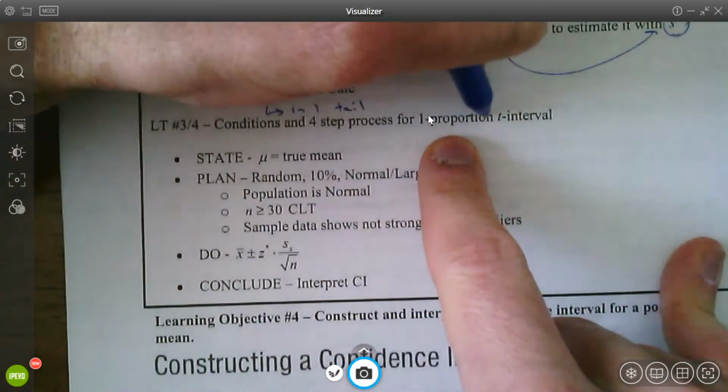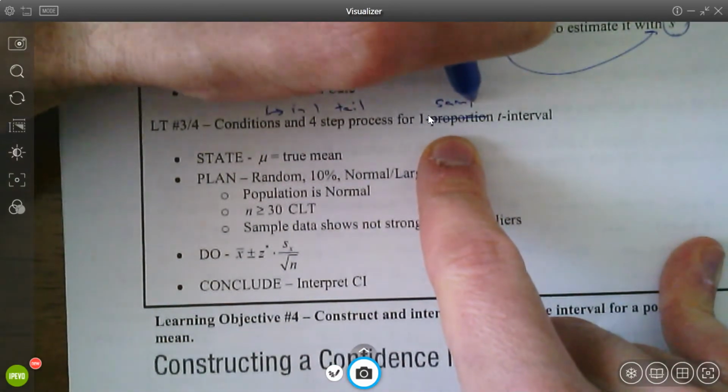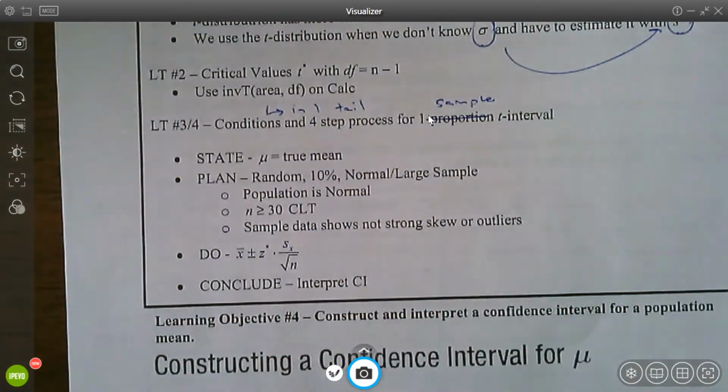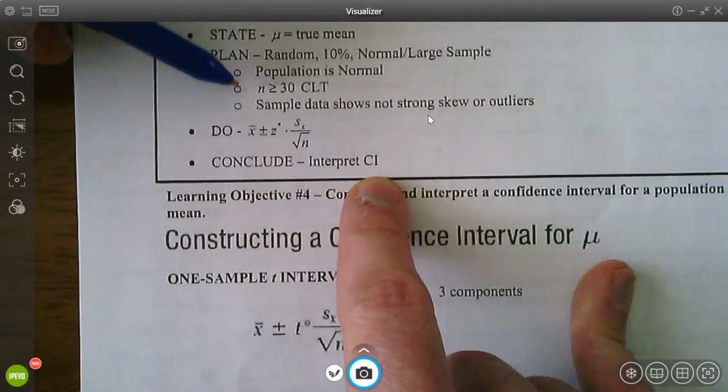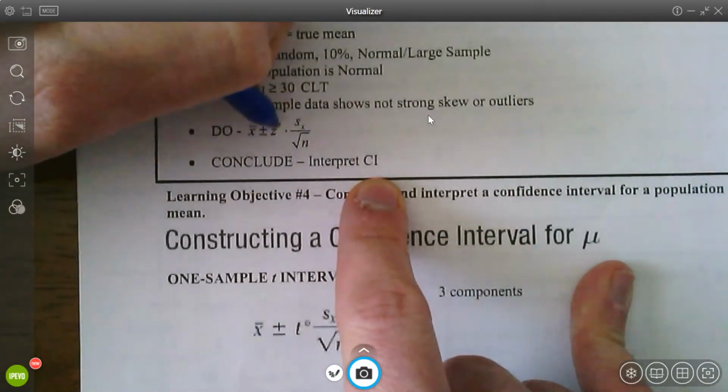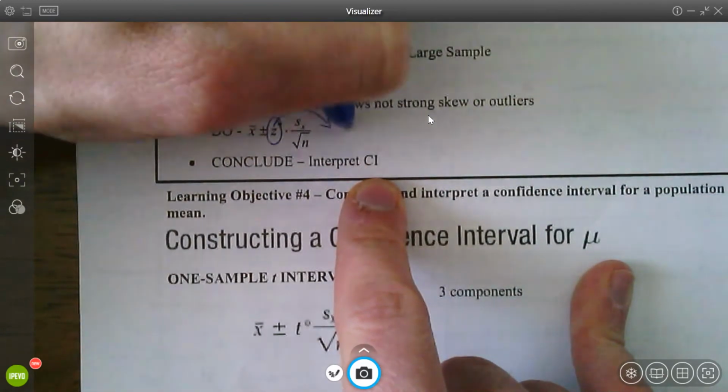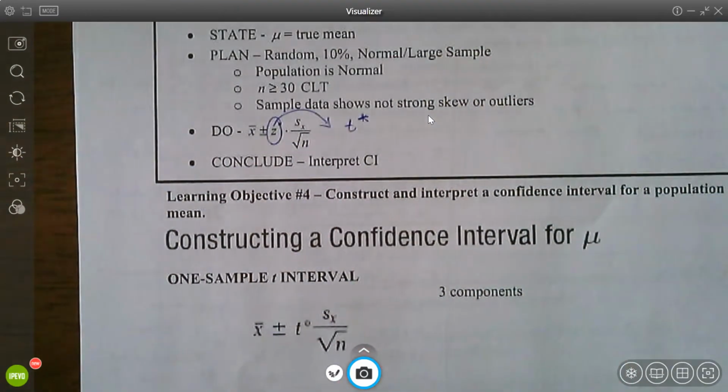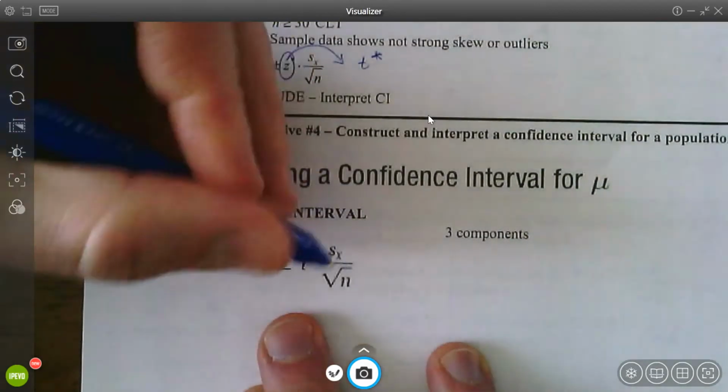This is a typo. This is not a 1 proportion. This is a 1 sample T interval. State, plan, do, conclude. I have another typo here. My apologies. This is a critical T value. So when you're asked to construct and interpret, we're still following this 4-step process. This has not changed. And there's just the 3 components.